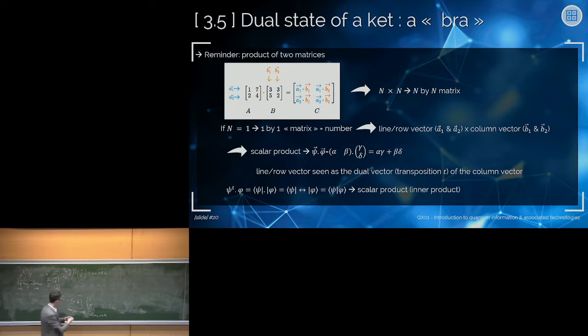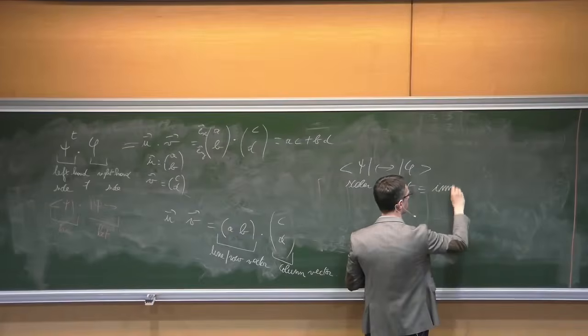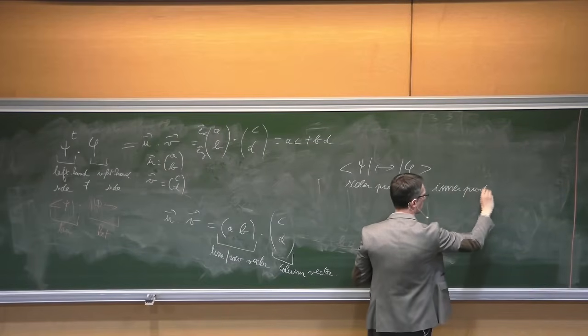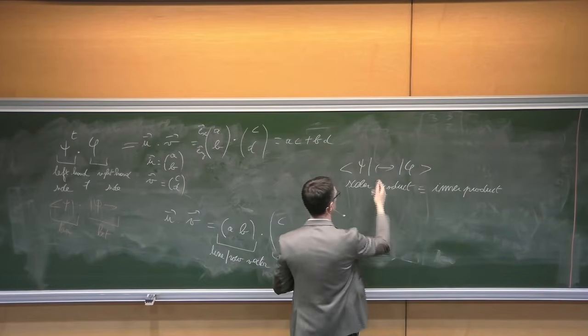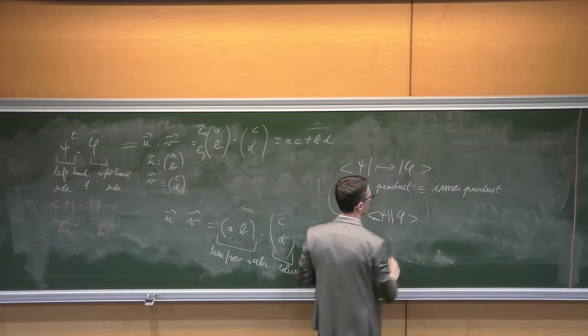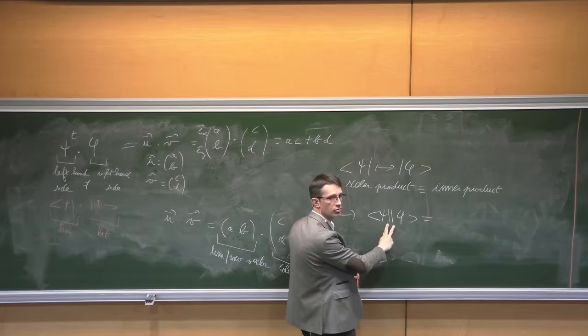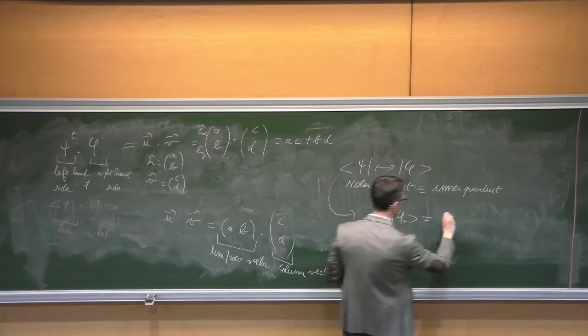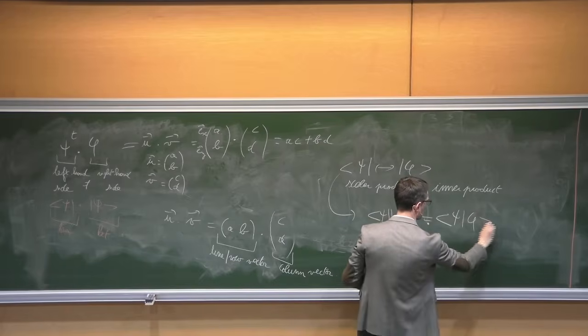And technically, we would have something like this, where we bring them together to make the scalar product, which we call the inner product. Okay. And we could write it like this. But what we do is we get rid of these two lines and we just put one line, saying that this is like this. Okay.